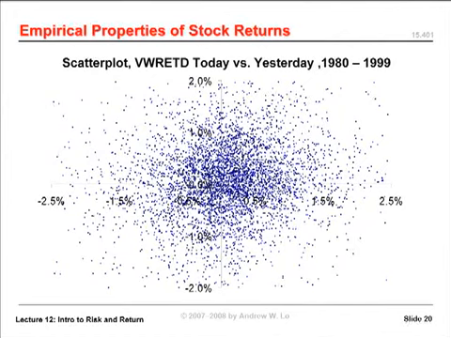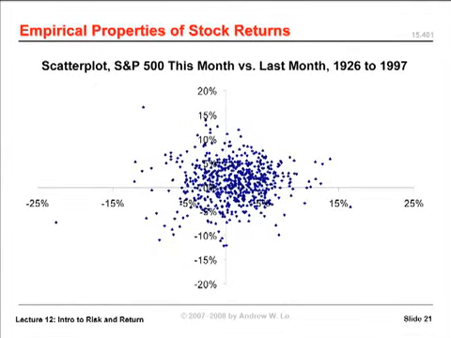And this is done on a daily basis. Now, if you look at it on a monthly basis for the S&P 500, from 1926 to 1997, you get something that also looks kind of random, right? So not much predictability here, not much predictability there.